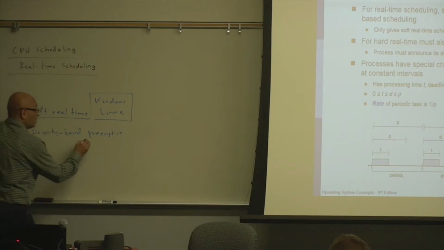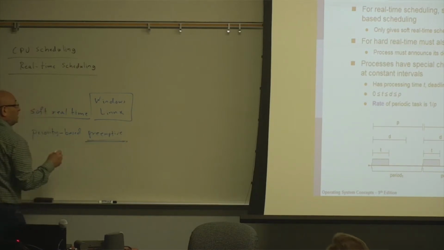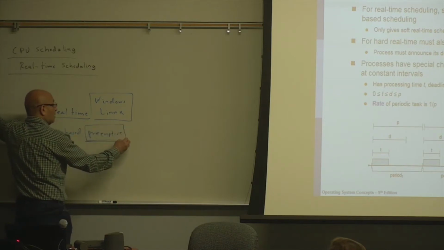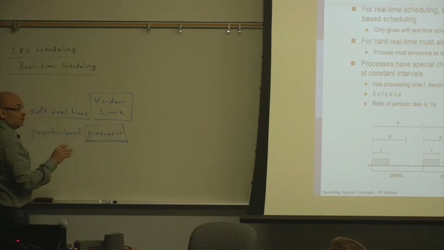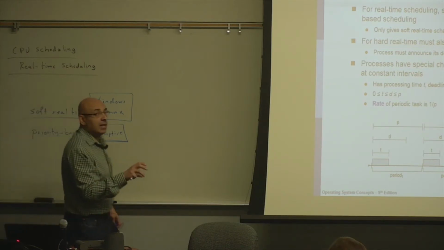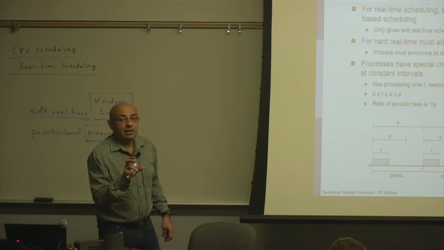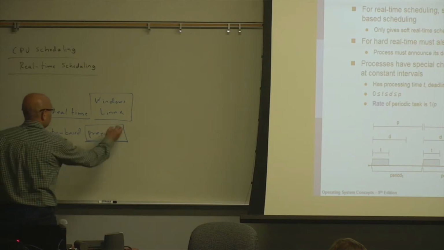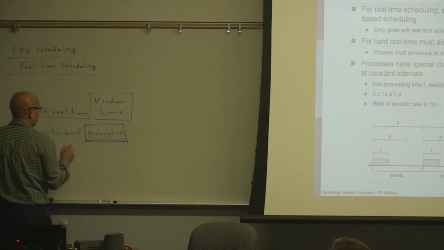So why preemptive? Because in order to support real time as the highest possible priority, you want the scheduling to be preemptive so that you can always preempt the process that is currently running on the CPU and give the CPU to the real-time process that has just arrived. So that's why you need preemption.